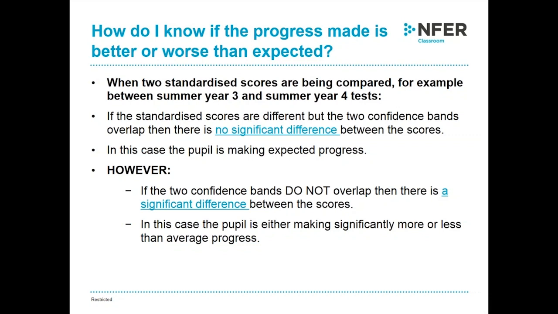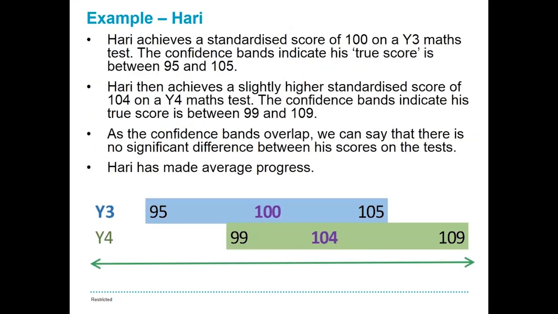Firstly, if you have a pupil in your class called Harry, and Harry achieved a standardised score of 100 on a Year 3 maths test. The next year, Harry then achieves a slightly higher standardised score of 104 on a Year 4 maths test. Just looking at his standardised scores, you may feel that he has made better than expected progress because his standardised score has increased.